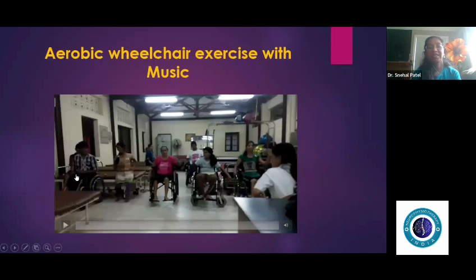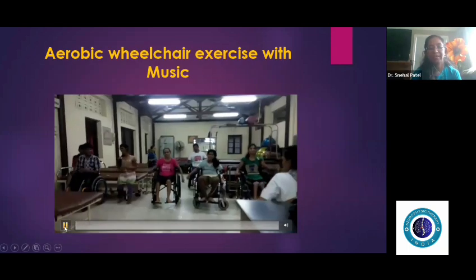The aerobic wheelchair exercise with the music plays an important role. So this is a continuous vigorous 45-minute session with rest in between with short intervals to work on the cardiovascular response. So this is the most important exercise for people with SCI.